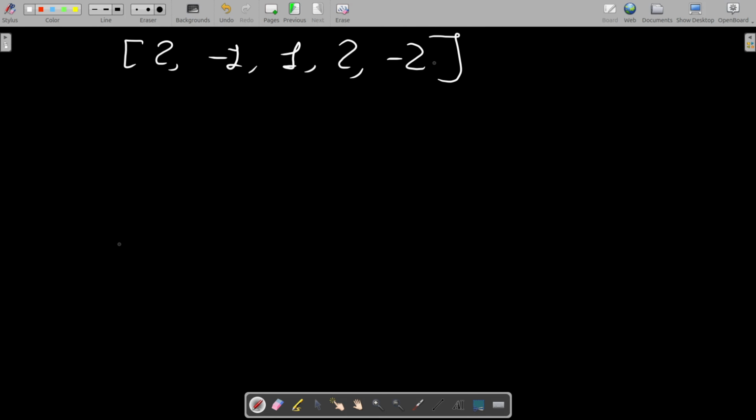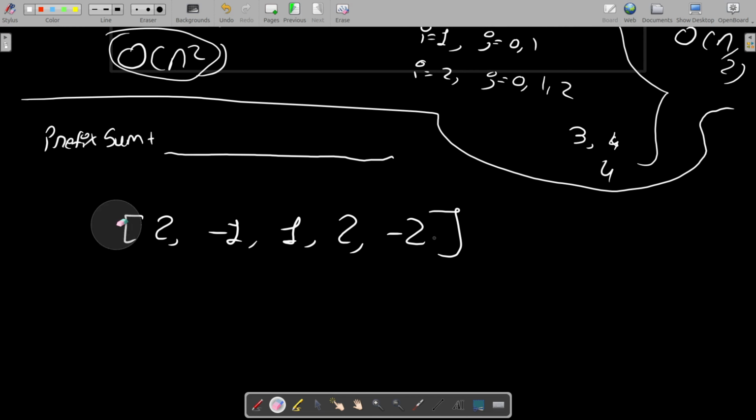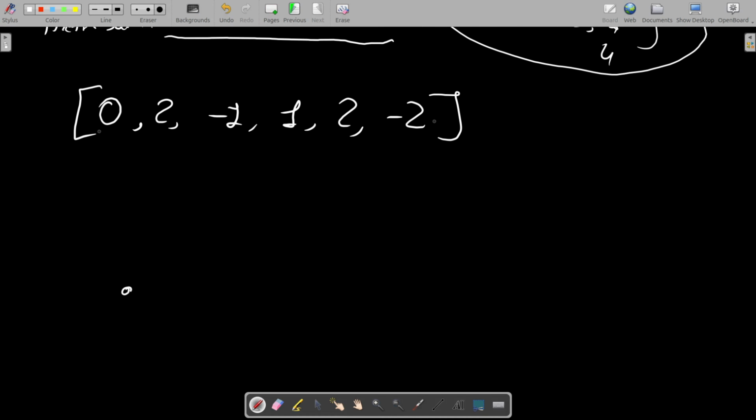In the starting we have our answer as 0, then it increases to 2. You can see here that our answer got increased.